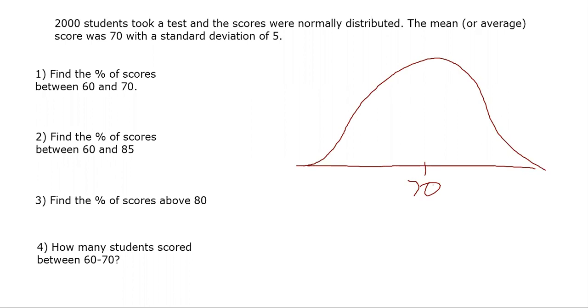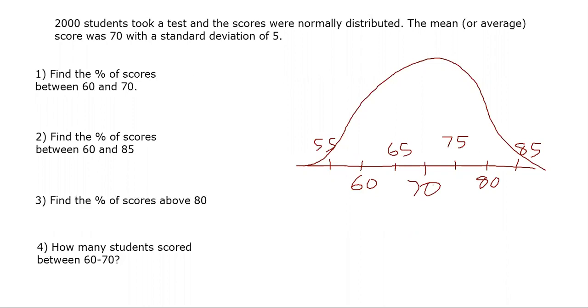A standard deviation of 5 means that if I come out a couple of steps to the right and a couple of steps to the left, I can determine what these values are going to be. So this first value out would be 75, then 80, and then 85. And if I were to go the opposite way, this would be 65, this would be 60, and then that final one on the left side, 3 standard deviations out, would be 55.